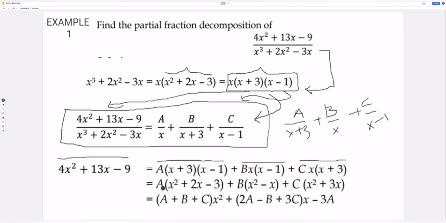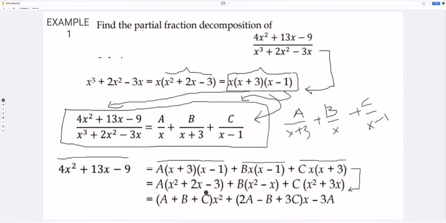So A times x squared plus 2x minus 3, plus B, x times x is x squared, x times minus 1 is x, plus C, x squared plus 3x. So next step, we need to find the simplest form for this. So use the distributive property. That's one of the techniques.